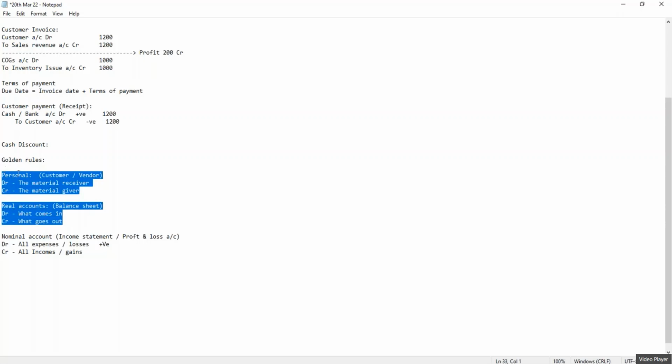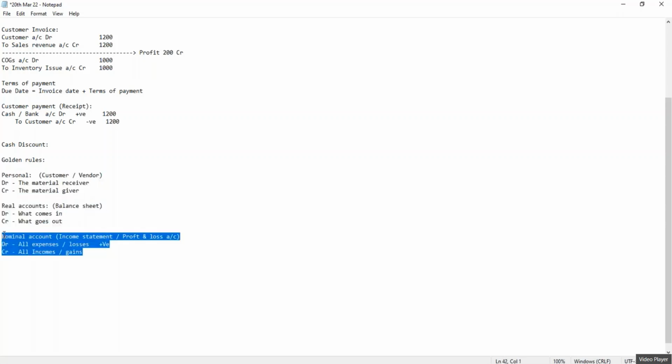But here, it is quite opposite. Debit expenses or losses is positive and incomes is negative. If you remember this one, it will be very much clear. This is confusion to every mind. People will think expenses or losses should be negative, but it is positive. And incomes are negative.